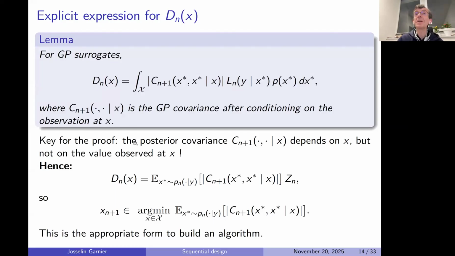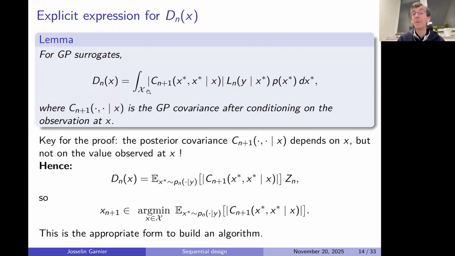It's because of a very nice property of the GP conditioning theorem, which tells you that the posterior covariance of a Gaussian process given an observation of x does not depend on the value that you will observe. The posterior mean depends on the value, but not the posterior covariance. And that simplifies the algebra a lot. And that's why you get an almost explicit expression of D_n of x.